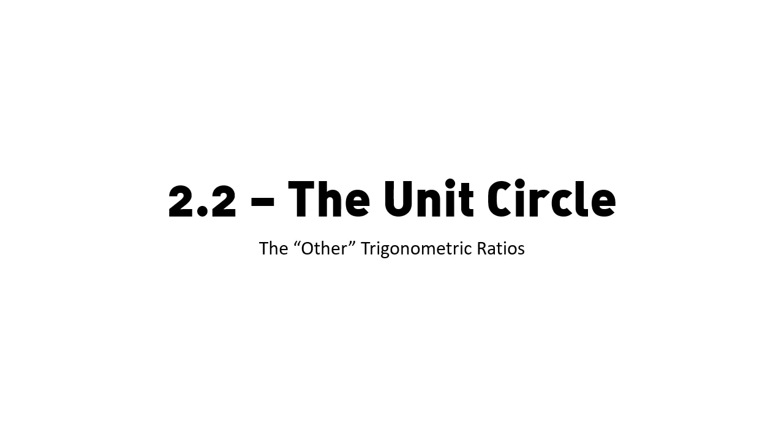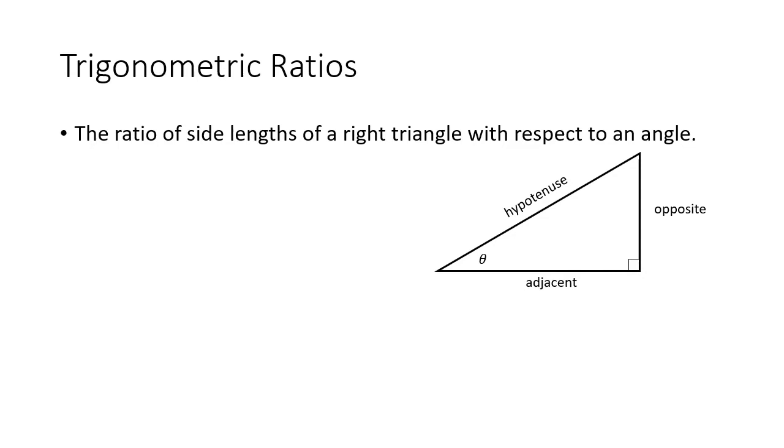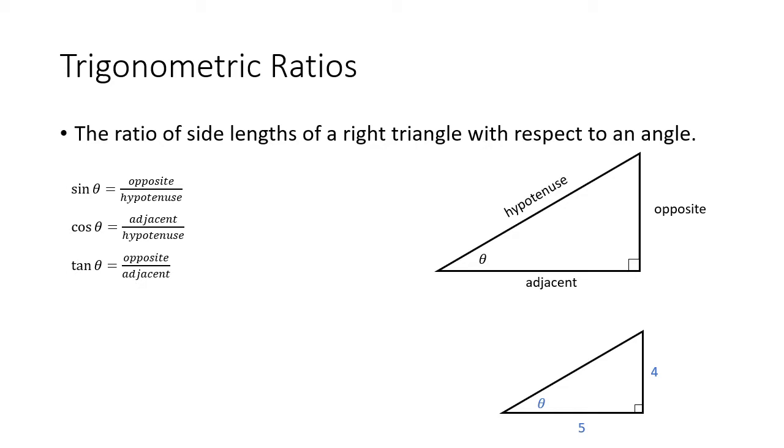There's not just 3 trigonometric ratios, sine, cosine, and tangent. There are 6, and the other 3 are what we're going to talk about in this video. So, recap: sine, cosine, and tangent are the ratios that discuss the sides of a right triangle, and there are also these other 3: cosecant, secant, and cotangent.